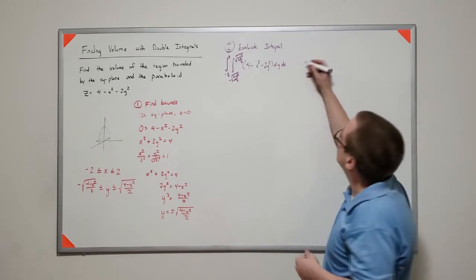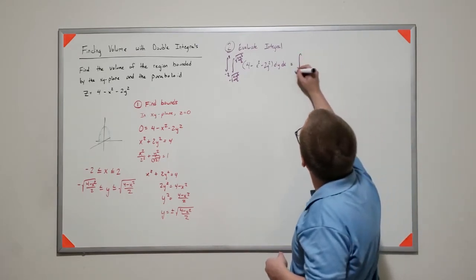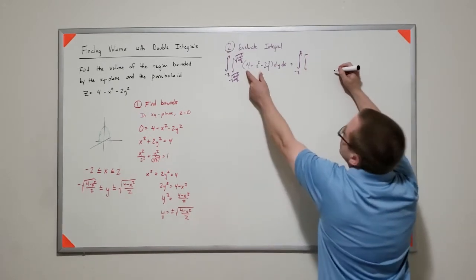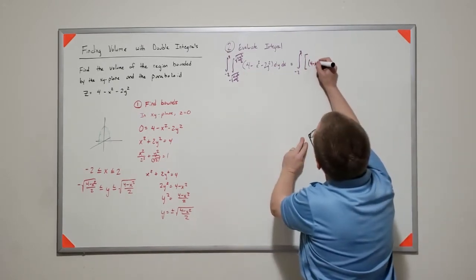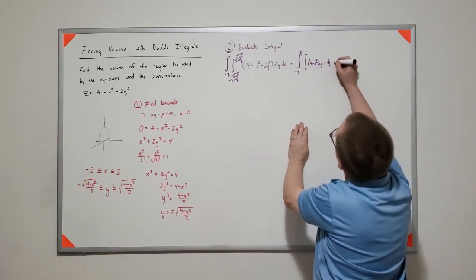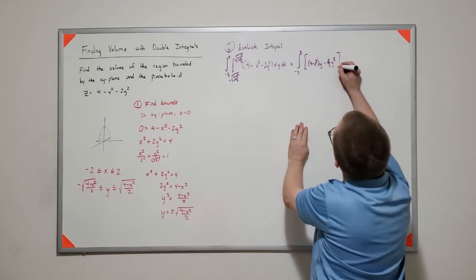Okay, well, when we integrate that, we're going to get (4 minus x squared) times y minus 2/3 y cubed.